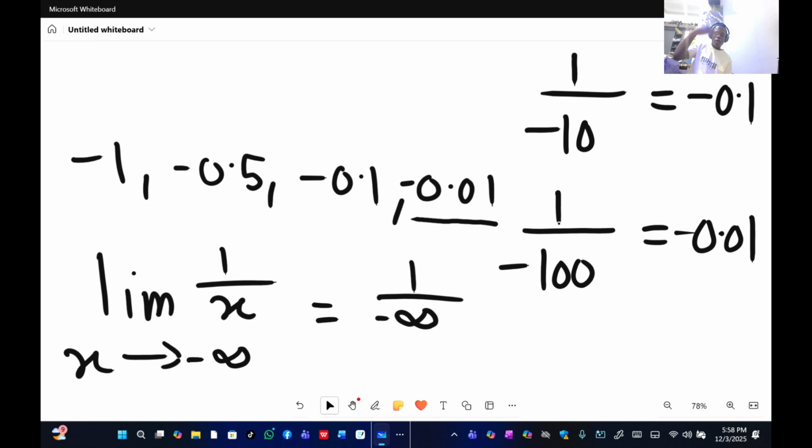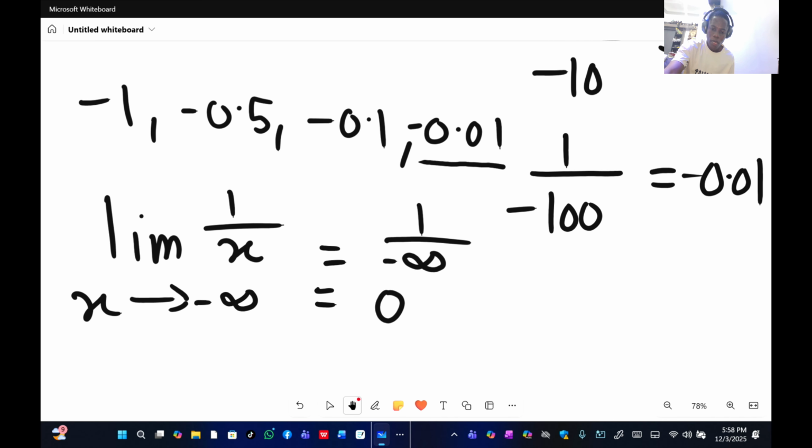It means we don't know the actual value that we are using to replace x, but the assumption is that the number is approaching negative infinity. As the number approaches negative infinity, the negative values are becoming bigger, which means they are very close to 0. So we are going to get it to be 0.